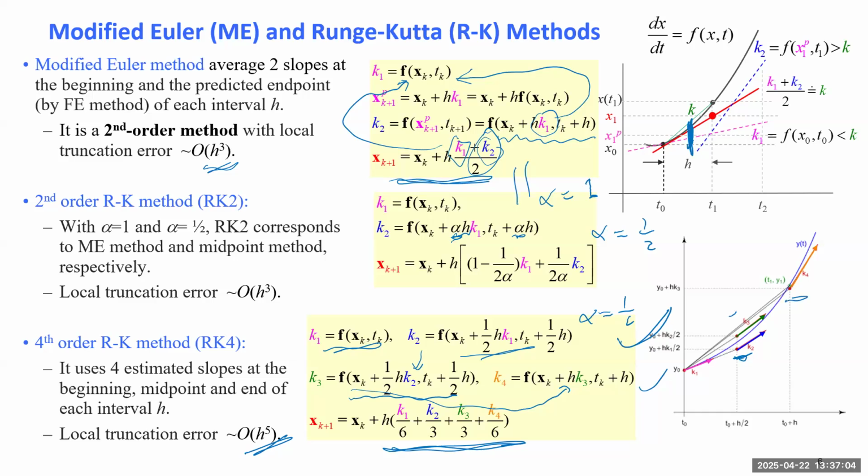Then finally, you calculate K4. Okay, so to approximate the true slope from the beginning point until the ending point, you're going to average those four slopes using their weights. So that's the fourth order Runge-Kutta method. Any question?